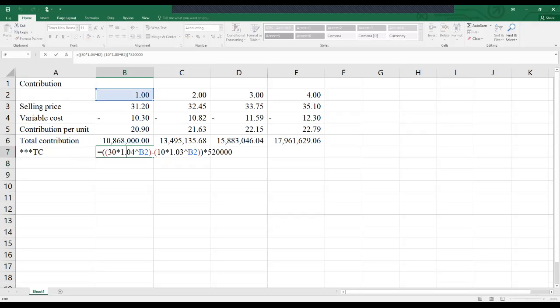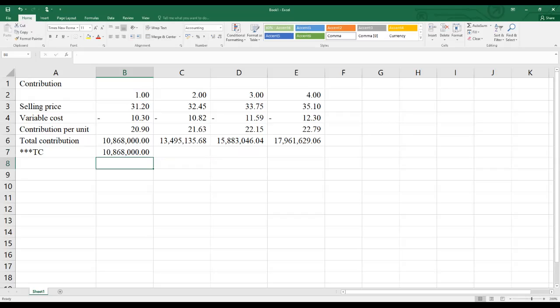If you have used Excel before and you're confident, you can simply get the total contribution in one step instead of four steps. It's up to you to make the decision. If you're not confident, then rather do it bit by bit: selling price, variable cost, contribution per unit, total contribution. Whatever you're confident with, you're free to use.